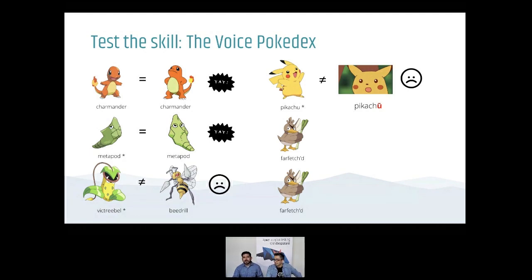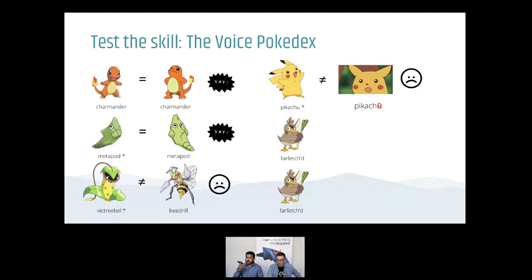And next in line is Farfetch. So Farfetch is harder to pronounce. I do have it on my interaction model. So I'm hoping that it's going to be recognized. But I'm going to do the test once again with the Alexa app. And first I'm going to try this with the one-shot invocation.